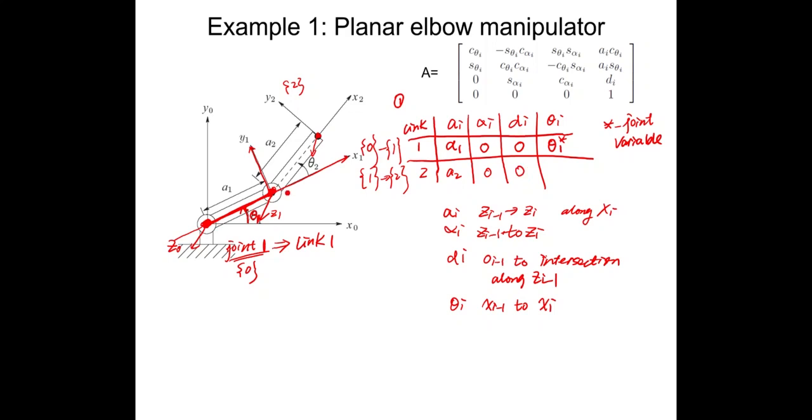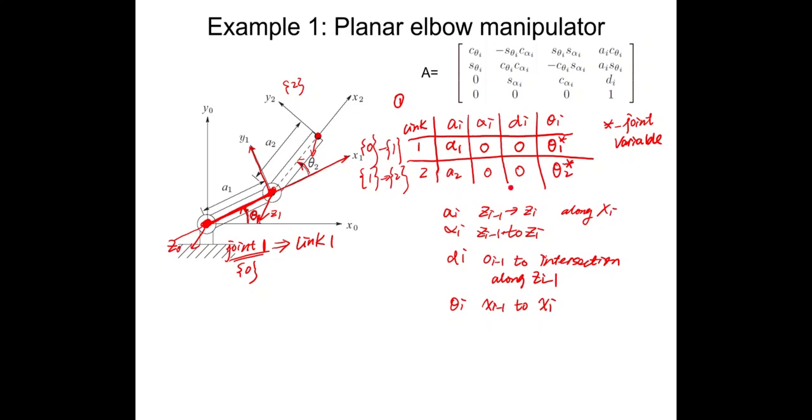And then the last one, theta I, is the angle rotating from X(I-1) to X I. In this case, that is the angle from X1 to X2, so that is theta 2. Again, this is a revolute joint, and the joint variable is theta 2. So I use a star to show the joint variable.